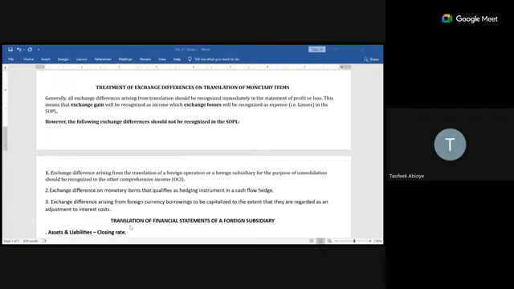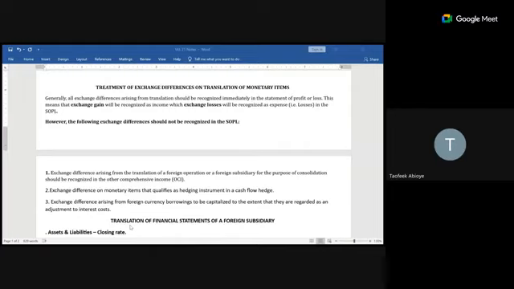IAS 21 discusses extensively two things: how to translate foreign transactions, then how to translate foreign operations, that means foreign subsidiary. So when you are translating your foreign subsidiary, when we are solving foreign subsidiary in group accounts, I will go back and rewind, but I will now explain that.